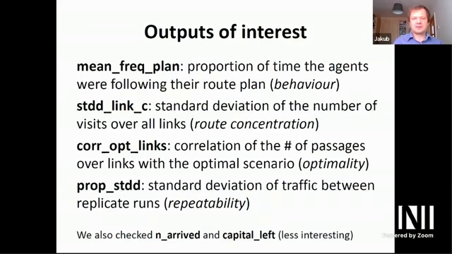The second one is more macroscopic, related to the level of route concentration as measured by the standard deviation of the visits in all the links. The third one related to optimality of the route selection. And the fourth one related to the repeatability of the outcomes across different replicates. These were the outputs that were of interest.